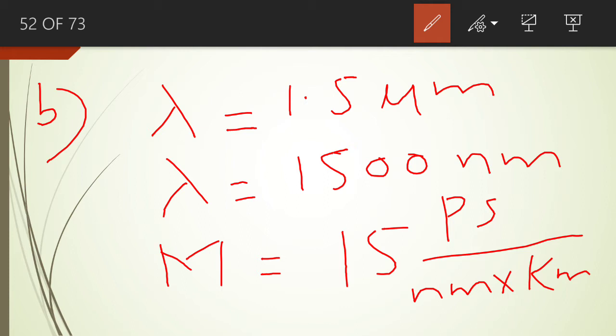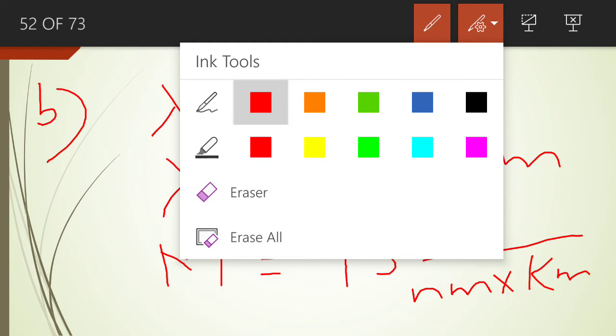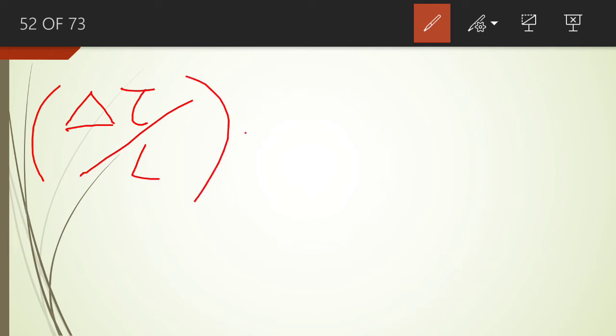So this was the value of m in the previous example. The value of m is known, and we can find out the pulse spread per unit length. So let us find out the pulse spread per unit length. The pulse spread per unit length will be equal to m delta lambda, where delta lambda is the spectral width of the source, which is 1 nanometer in this particular case.